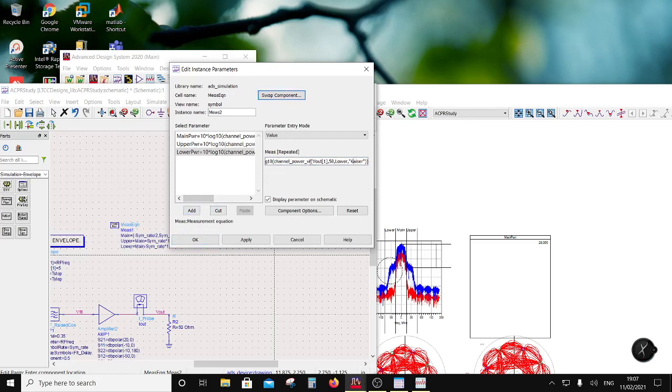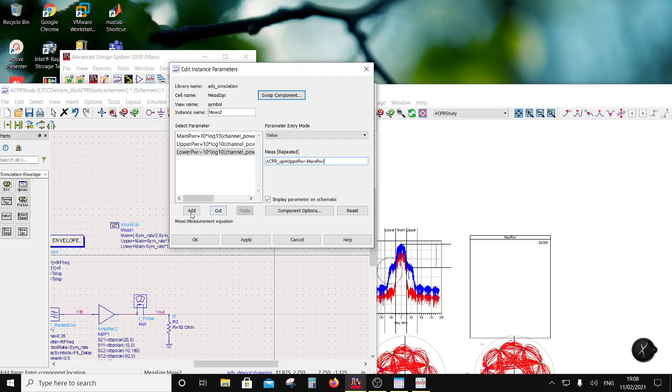Then the next thing is ACPR up and ACPR down. Okay, so next is ACPR up. So that ACPR up is going to be upper power minus main power.